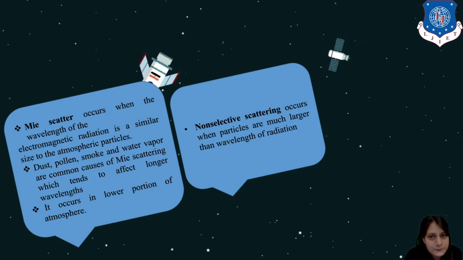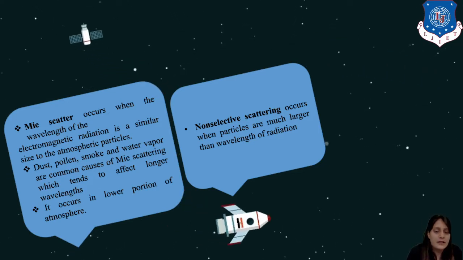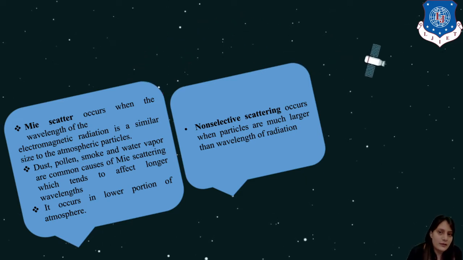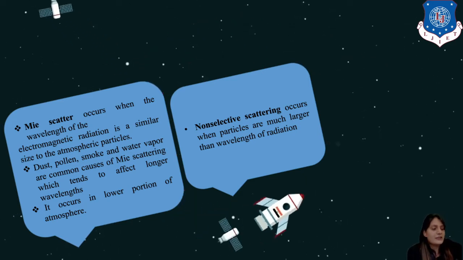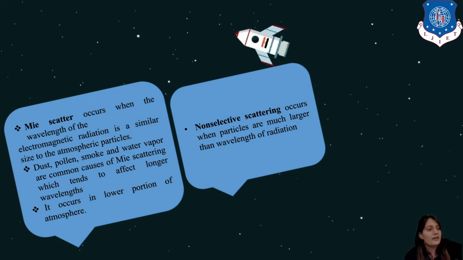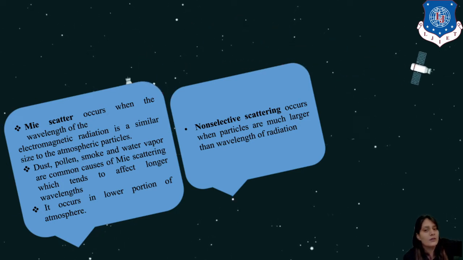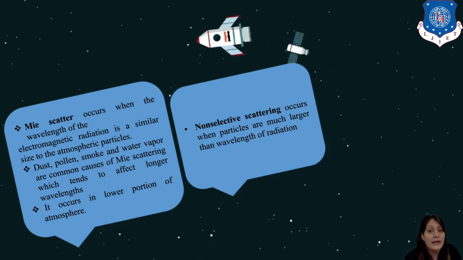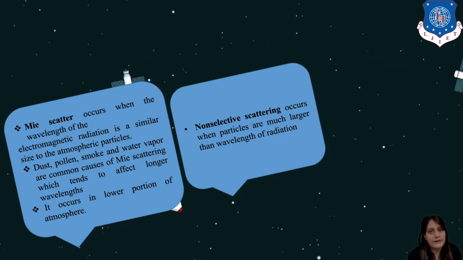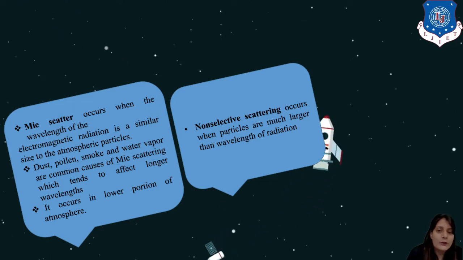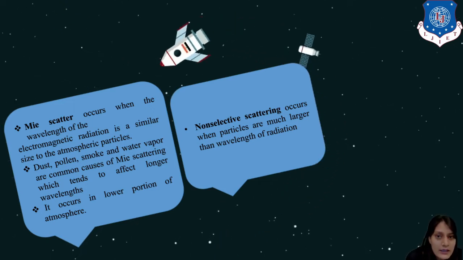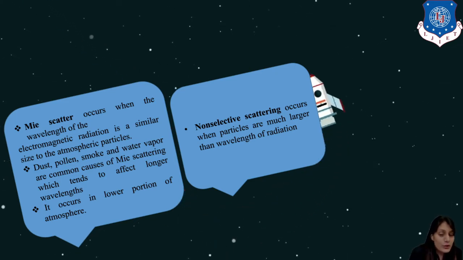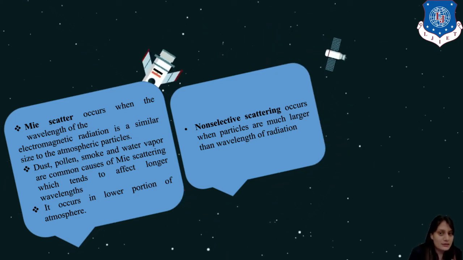That is Rayleigh. When we talk about Mie scattering, the wavelength of electromagnetic radiation is similar to the atmospheric particle size, right? So we have the layers of atmosphere. When radiation travels from the upper layer to the middle and lower layers, every layer has some particles present in it. Now, I would like to give you an example. When we were kids, if sunlight in the afternoon was coming from the window, you could see the dust particles.